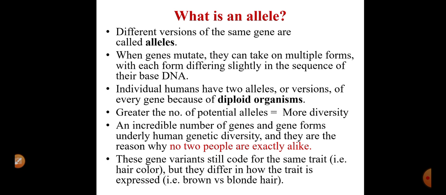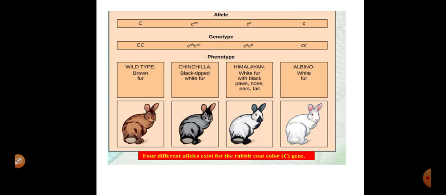For example, hair color is a trait, and this trait is expressed with different shades. When we are considering hair color, some have brown color or some have black color or different shades of that color. So this is about the allele, which is a version of a gene.